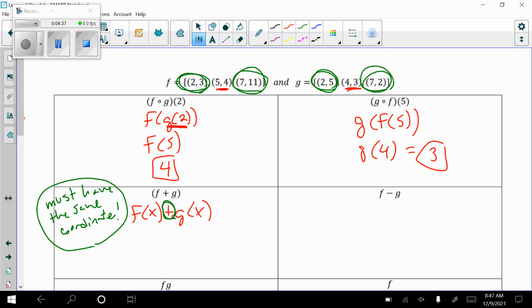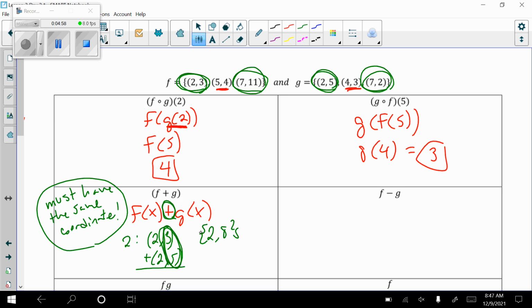For instance, for the 2's, I have (2, 3) plus (2, 5), and the 2 stays the same. You're just going to add your y's together. So my answer is (2, 8).